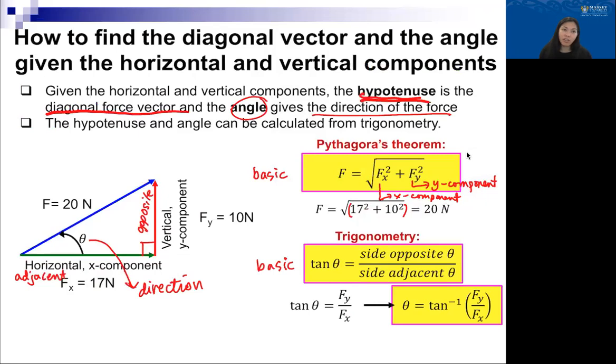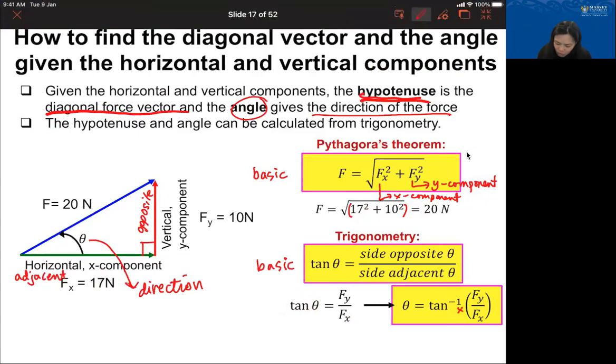So we need to get rid of tangent. We need to do the inverse of the tangent to get rid of tangent theta. So theta is the inverse tangent of Fy divided by Fx.